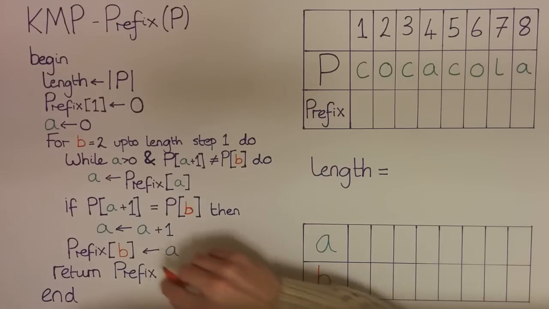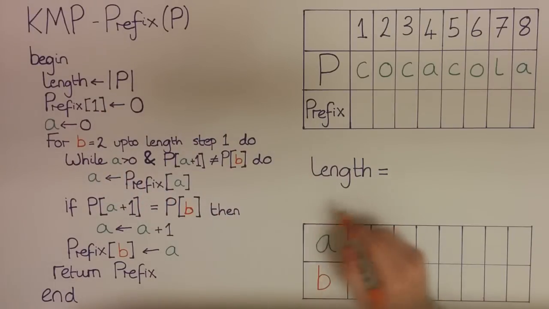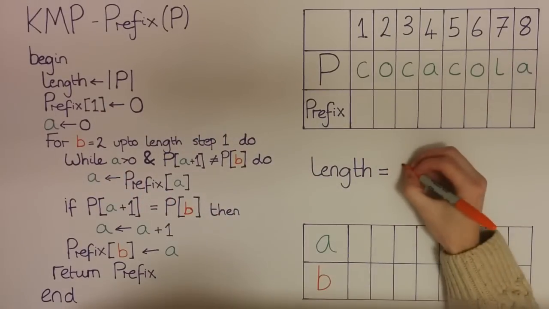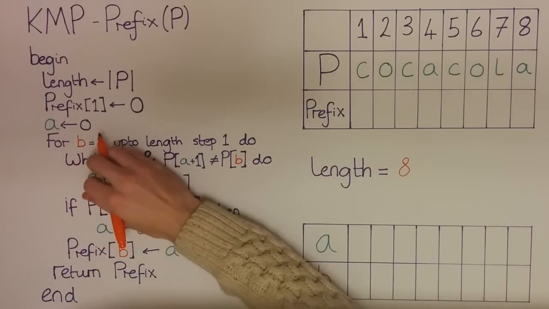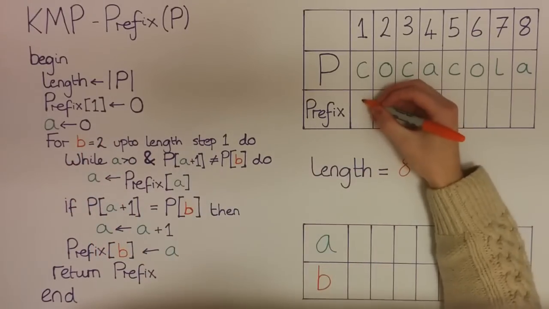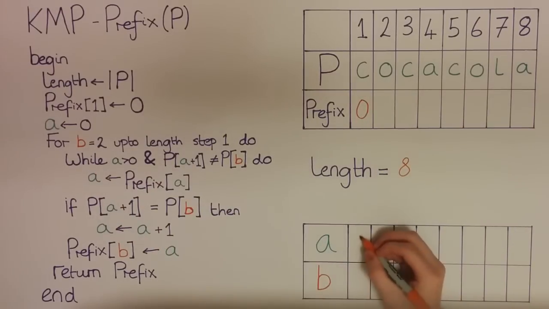Okay, let's begin. To start, we set the variable length to the length of p. As we can see, this is 8, so length is 8. We then set the prefix of 1 to 0, and we set a to 0 as well.